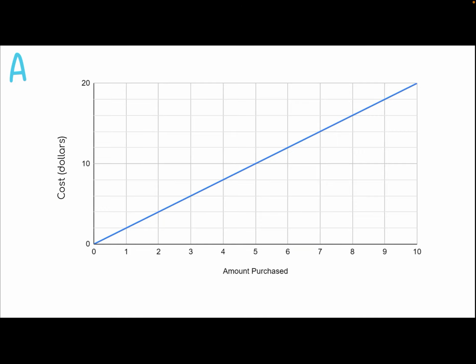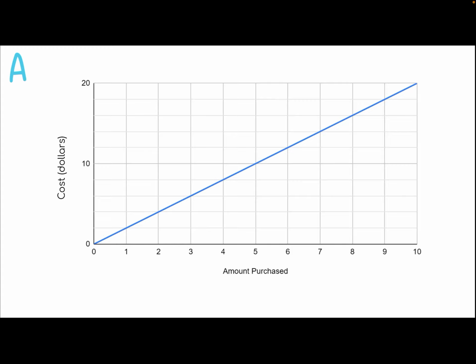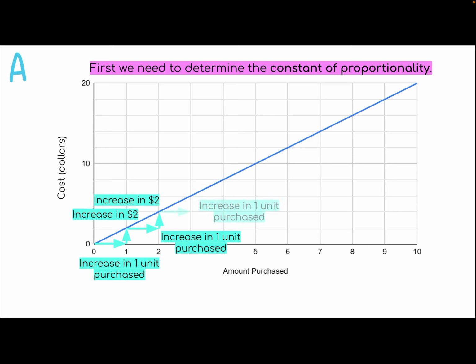In our first example, first, we need to determine the constant of proportionality. An increase of 1 unit indicates an increase of $2. An increase of 1 unit purchased is another increase of $2.